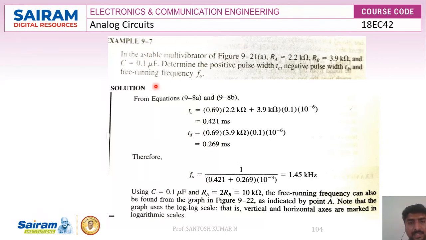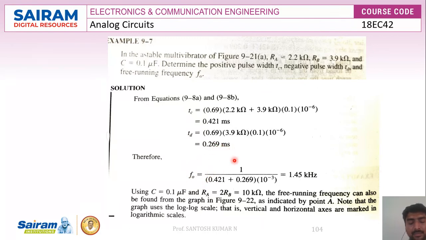Let's consider an example problem where RA is equal to 2.2 kilo ohms, RB is equal to 3.9 kilo ohms, and C is equal to 0.1 microfarad. Determine the positive pulse, that is the charge time, which is 0.69 into RA plus RB into C. So we get 0.421 milliseconds. The negative pulse is the discharge time, which is 0.69 into RB into C. So we get 0.269 milliseconds.